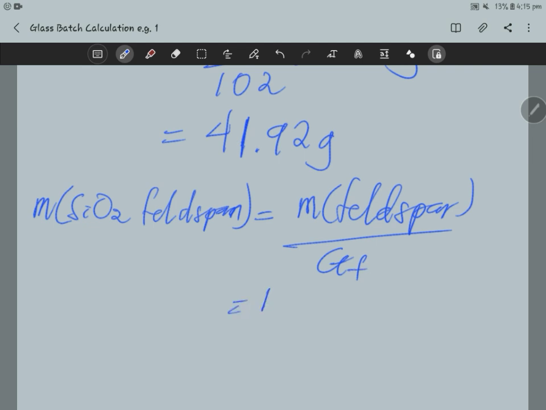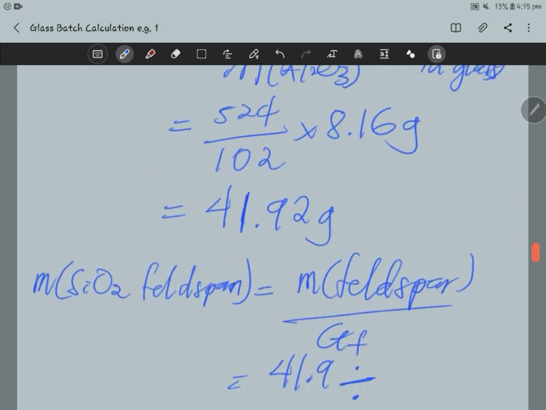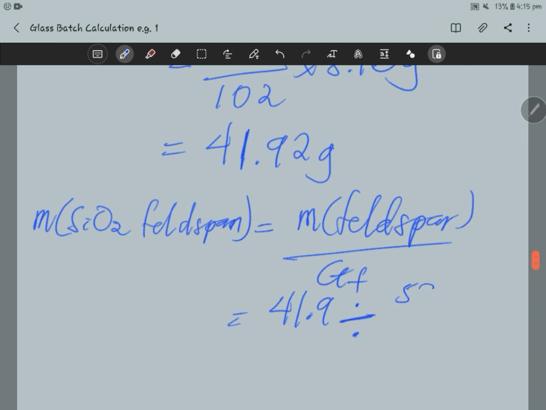So we know the mass of the feldspar to be 41.92, right? That's 41.92 all over the gravimetric factor. Let me just do the division. The gravimetric factor is the molecular mass of the feldspar, that's raw material over component, and the raw material is 524, right?